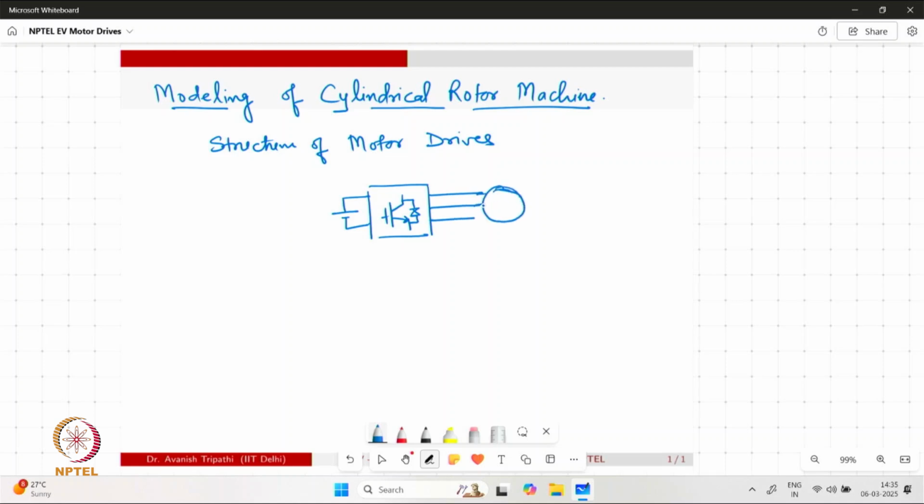Since we are going to deal with AC machine, I am drawing three-phase output from the inverter. The machine is connected to a load, and there is some rotational speed omega m involved with that.